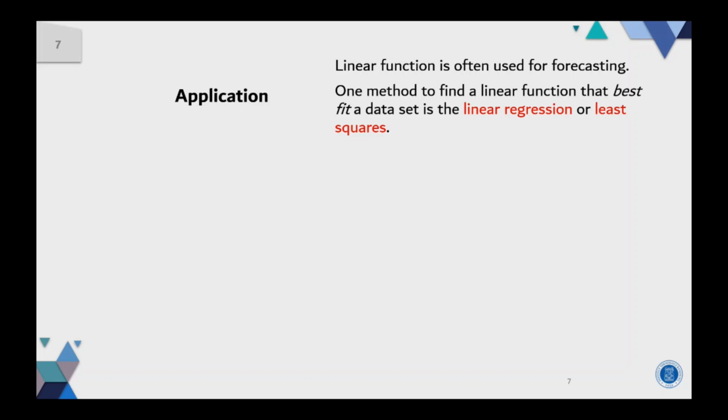Okay, so suppose we have a set of data, or a data set. Then if we want to find a linear function which best represents or best fits the data set, one of the methods that we can use is called linear regression, or least squares.